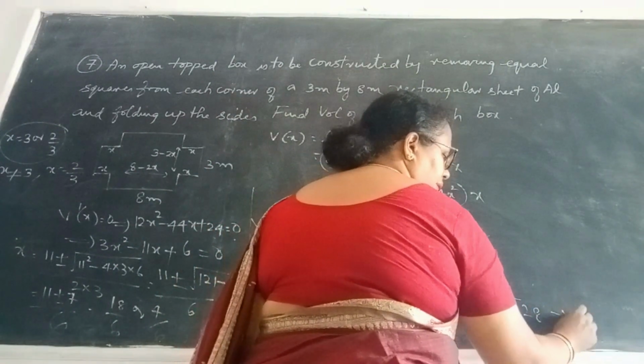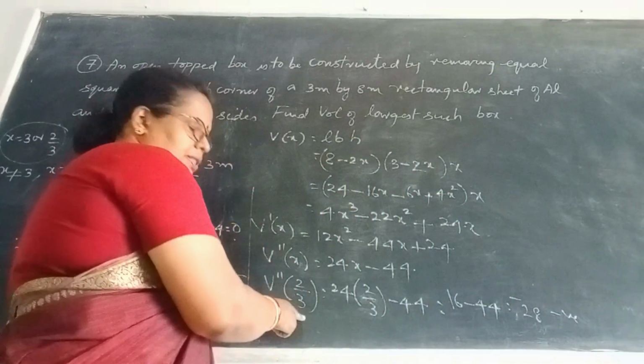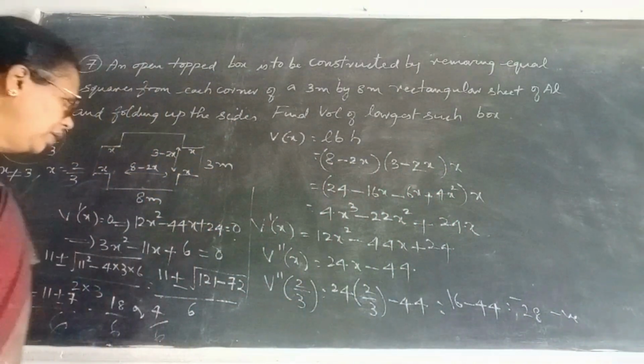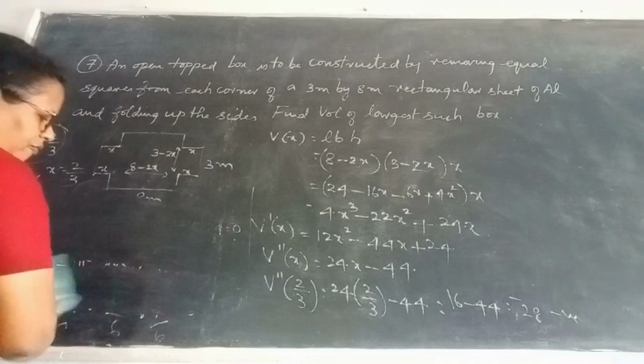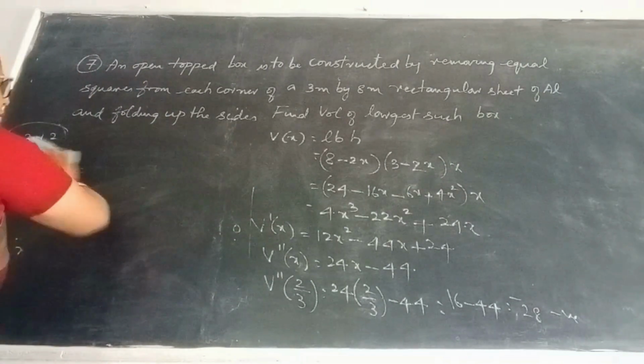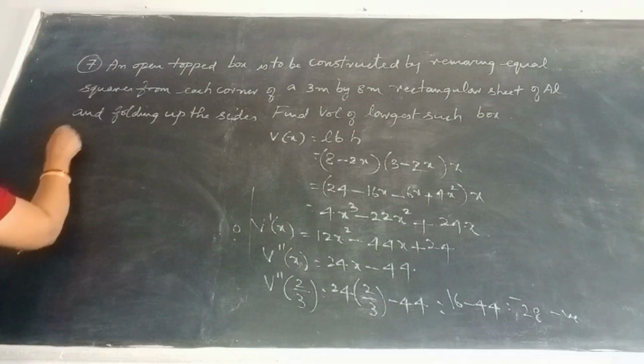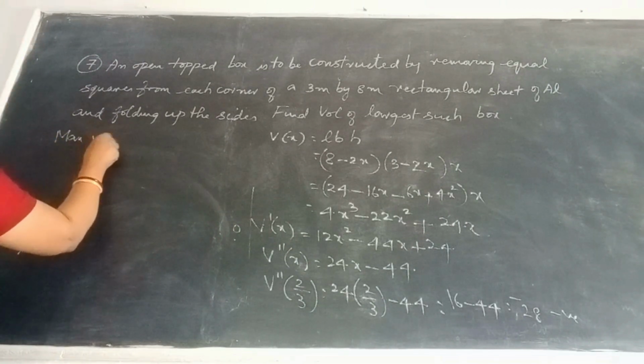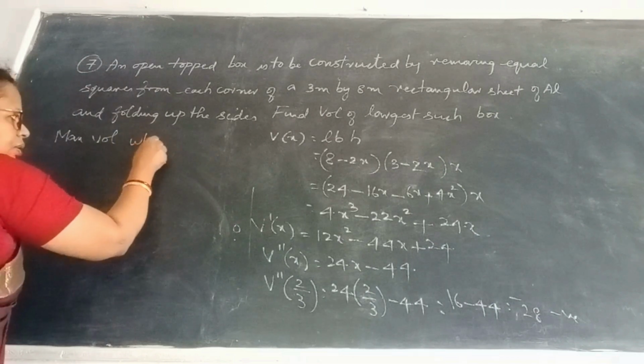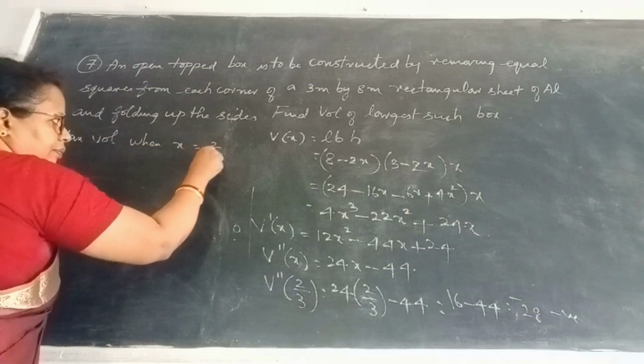So it is negative. Negative implies maximum volume. So we got maximum volume, or largest volume, when x equal to 2 by 3.